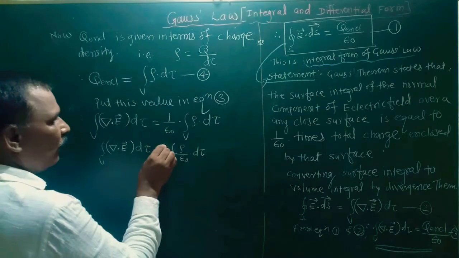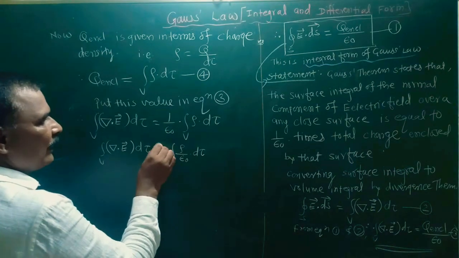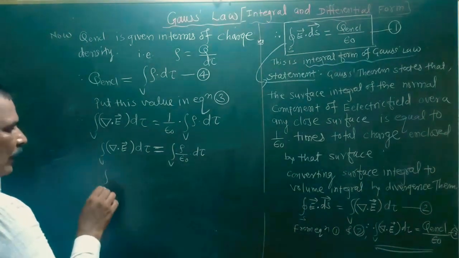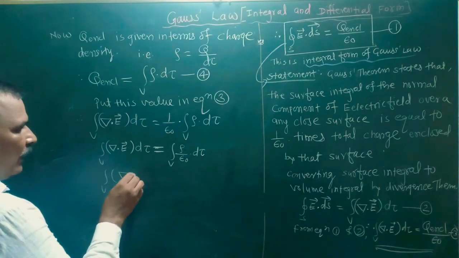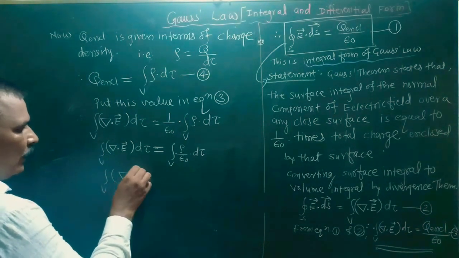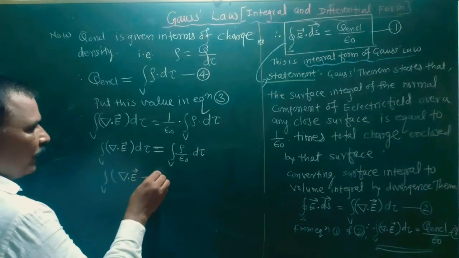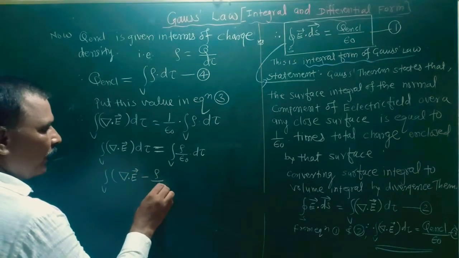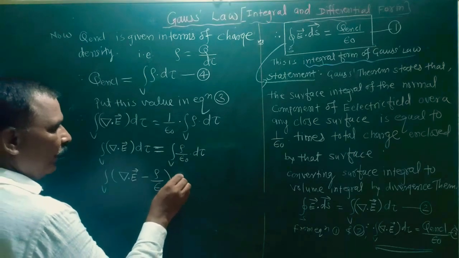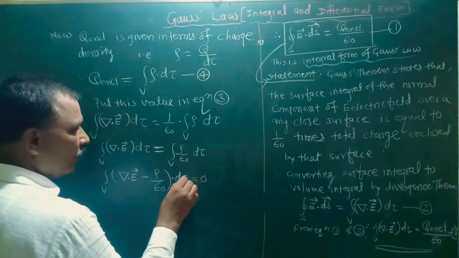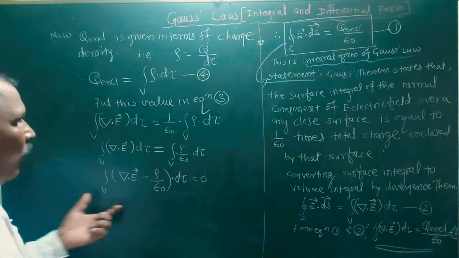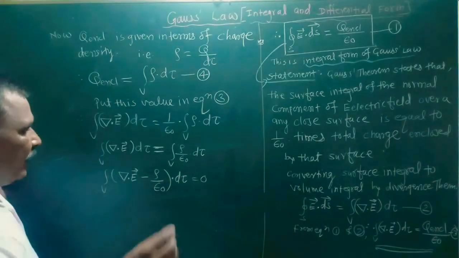Now this is plus on the right hand side, so it goes to the left hand side with a common integration: divergence of E bar minus rho upon epsilon naught into d tau is equal to 0. And here the volume integration vanishes.